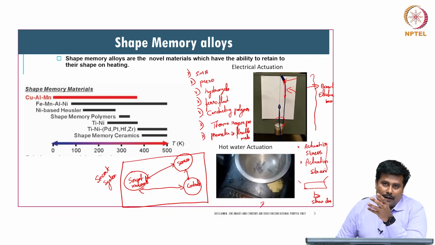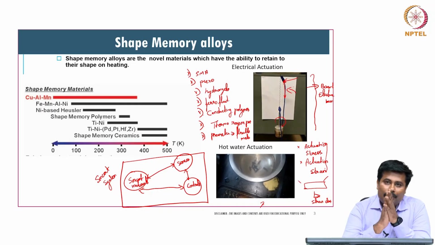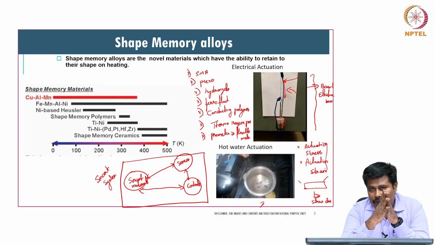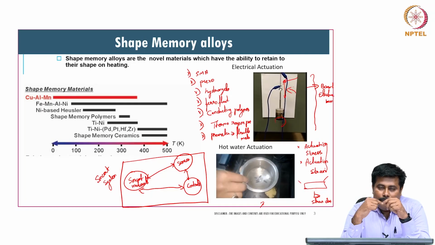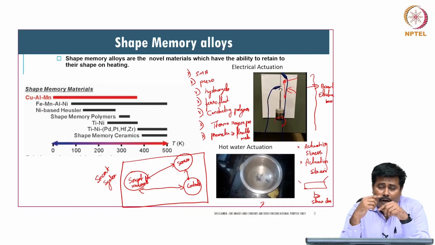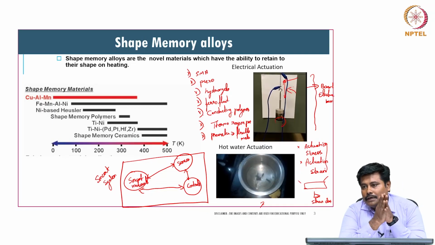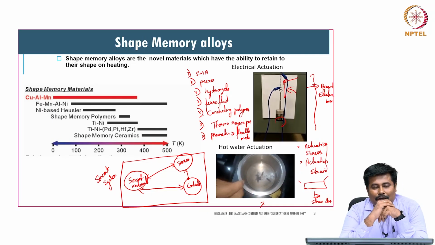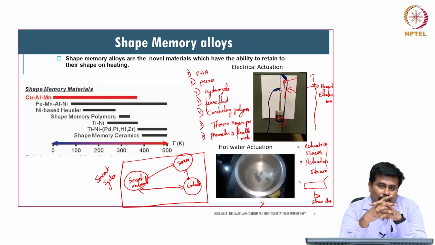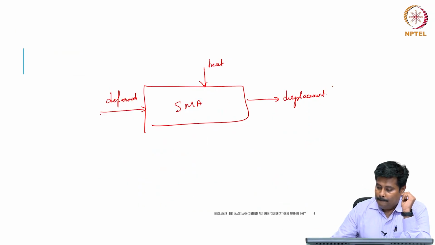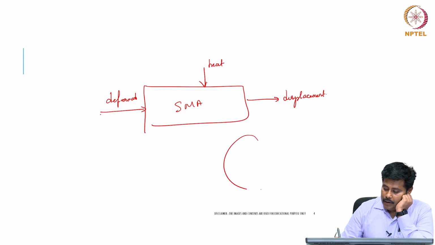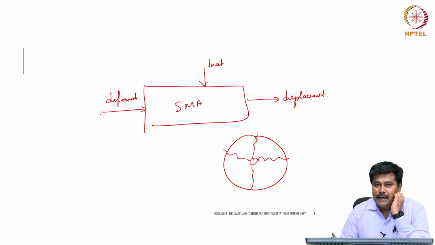In fact, in one application we performed some experiments where we developed a shape memory alloy based engine, which is called Johnson's heat engine. The main aspect of this Johnson heat engine is that it has a rim with shape memory alloy springs integrated into it.